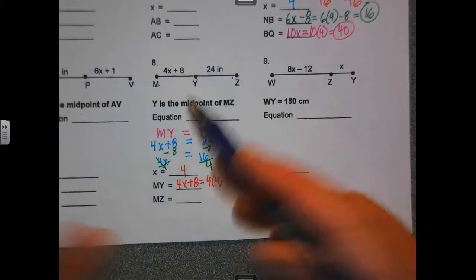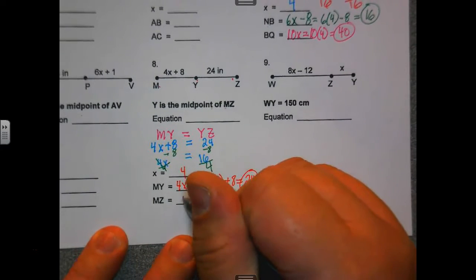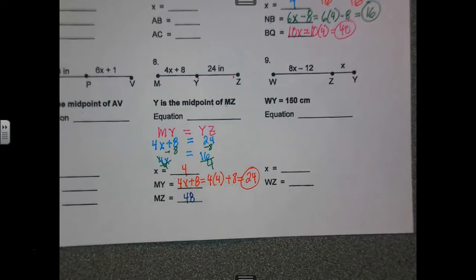YZ is 24, so MY must be 24. You didn't have to go through all that. But I always make you guys do things the hard way, right? MZ, what's the length of the long segment, the entire segment? If half of it's 24, 48. That's all we're going to do with line segments: midpoint and add up the two little ones to the big one.